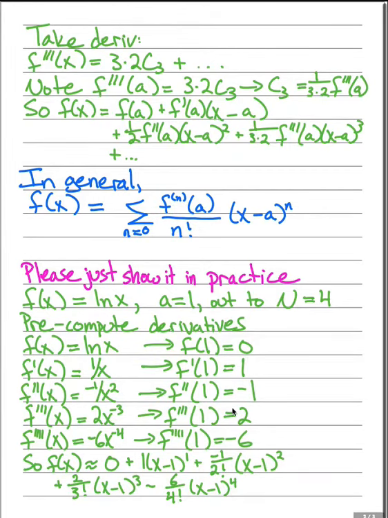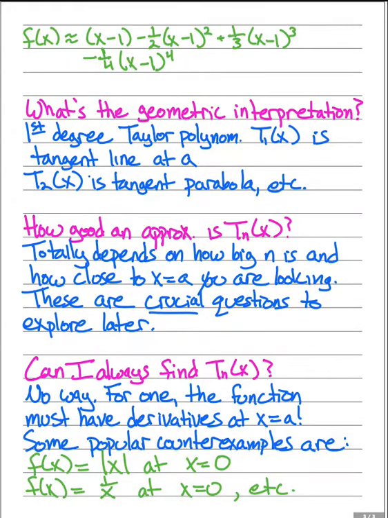I have the third derivative, which is 2 over 3 factorial, times (x minus 1) cubed, and so on. So this is a 4th degree polynomial approximation for the function natural log of x around the point a equals 1. And you can clean it up, and it'll go into this form.